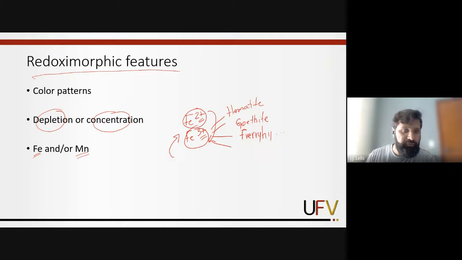All of these processes produce color patterns. They produce change of color in the soil. And they are evidence that this soil suffered flooding, or suffered in the past effects of flooding, or something with water that doesn't help water to penetrate according to the depth in the soil. Okay?